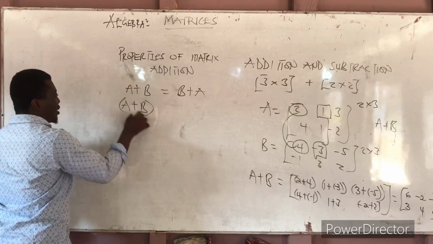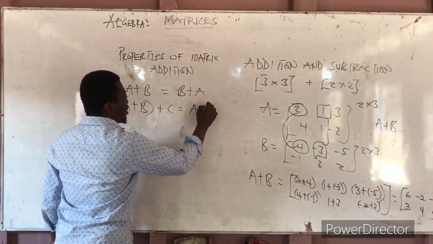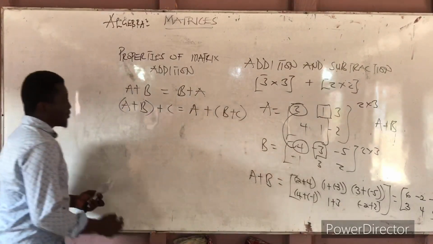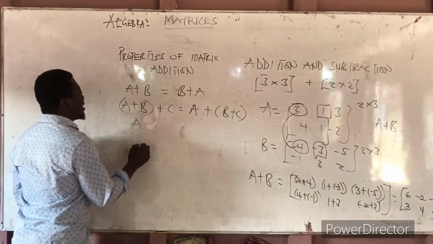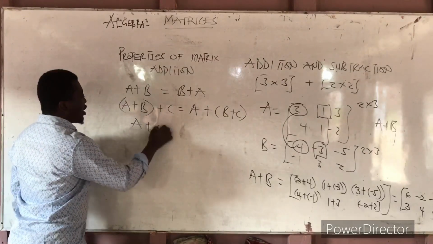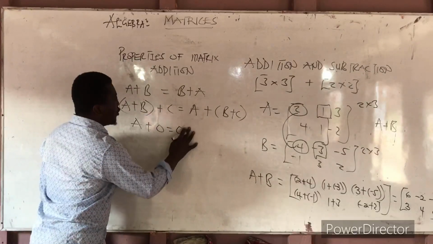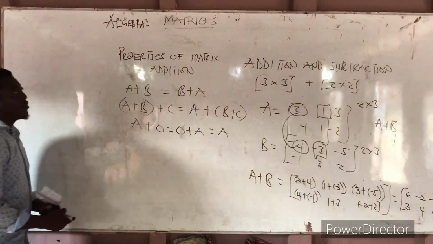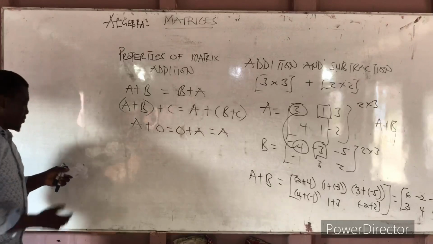If you add A to B and the result you add to C, it's the same as adding A to B plus C. And also the last one, if you add A to a null matrix or zero matrix, it's the same as adding 0 to matrix A, and the resultant is going to be A. So these are the properties of matrix addition.